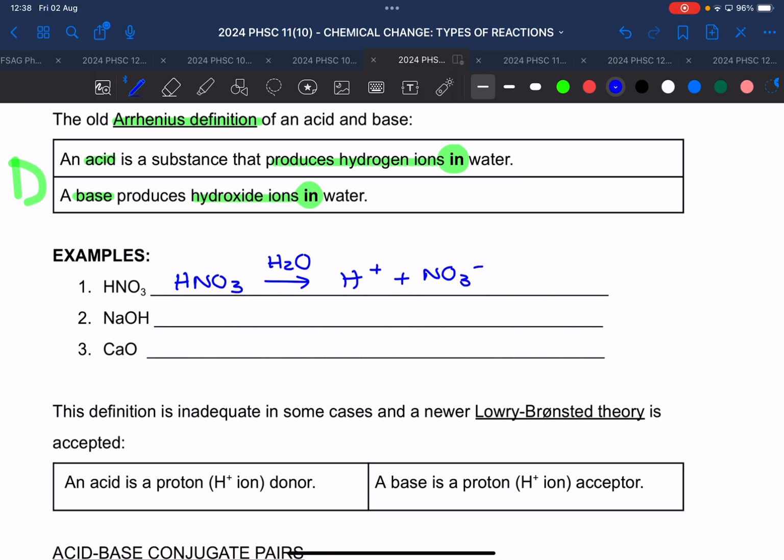Okay, so according to his definition, acid produces hydrogen ion. Sharp. If we look at the base, sodium hydroxide, he thought in the presence of water, it gives you the sodium ion and hydroxide ion. A base produces a hydroxide ion. Sharp.